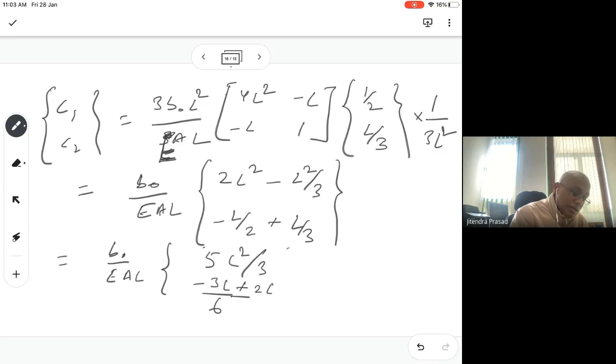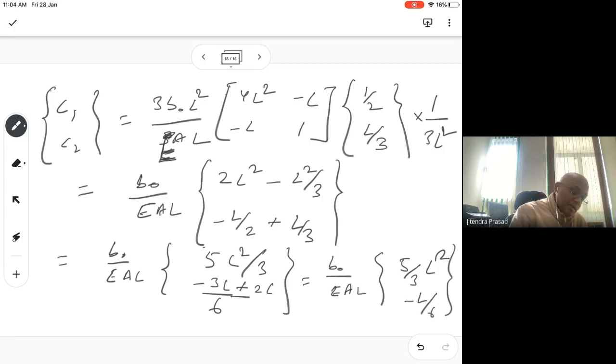So we get equal to B naught over EAL, 5 over 3 L square, and minus L over 6. Fine. Okay, so this is what you find out.